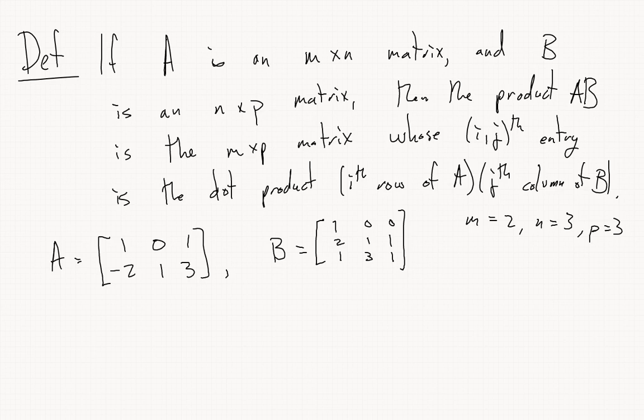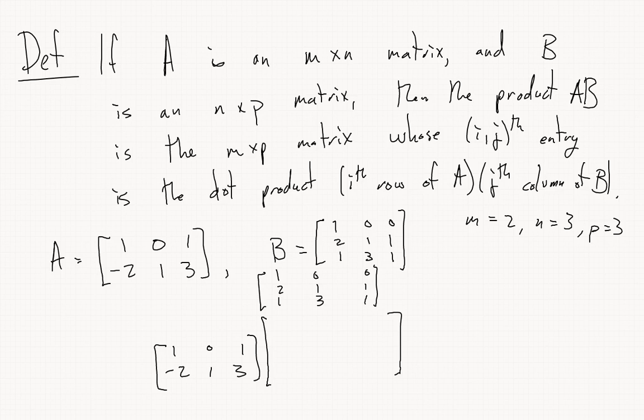Then to multiply these, it's convenient to arrange these as follows. So 1, 0, 1, -2, 1, 3. And then we'll put B above here. So 1, 2, 1, 0, 1, 3, 0, 1, 1.